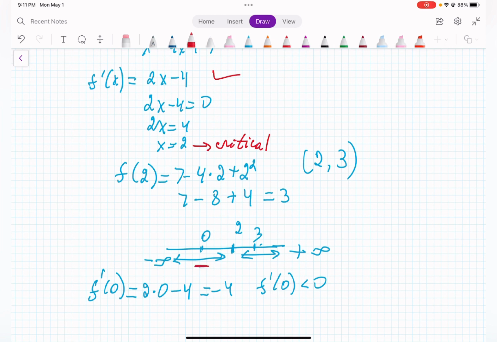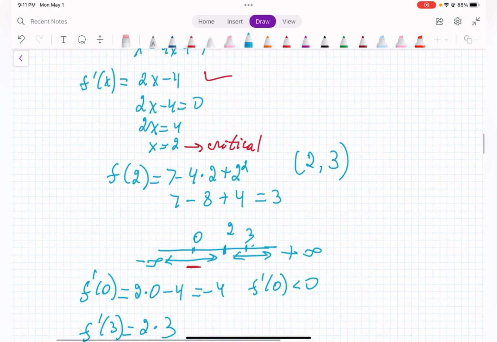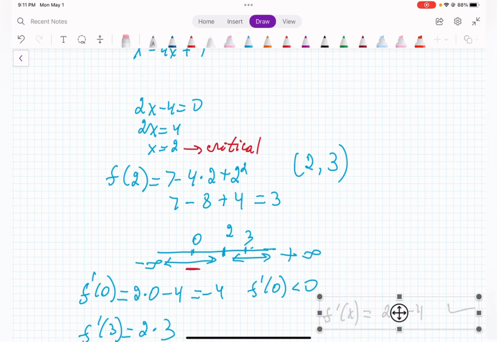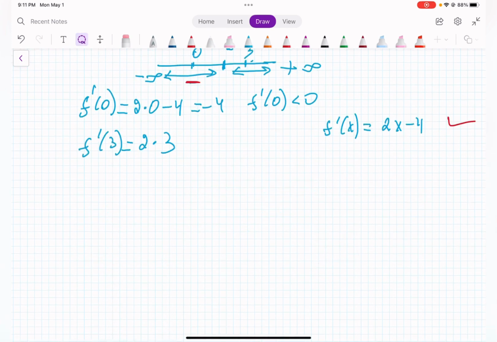Now let's take point 3. F prime of 3 is equal to 2 times 3 minus 4.